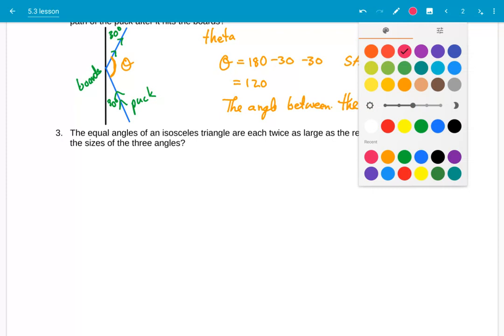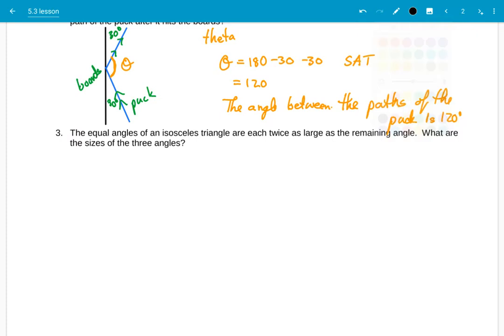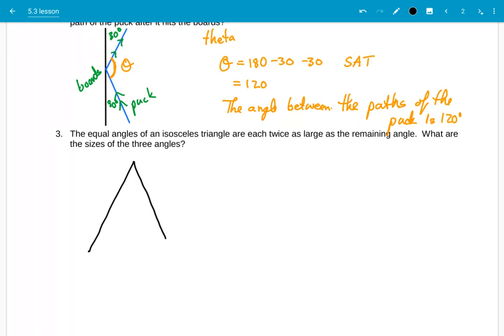Okay, so let's draw an isosceles triangle, and I'm not sure what shape to make things, but the angles are on the bottom. I always think of it as at the bottom. Are twice as big as the angle on the top. So here's my isosceles triangle. I know it's isosceles because I say so. And these two angles on the bottom are twice as large.